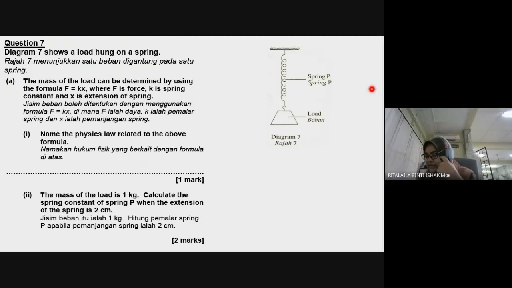Okay, this is the last question we are going to discuss because dah nak pukul 9.50. Never mind. We are going to discuss this question in our next class. Jadi saya nak awak jawab dulu soalan yang saya bagi, the rest. Nanti kita akan discuss dalam kelas. So I hope that you are prepared with the answer.